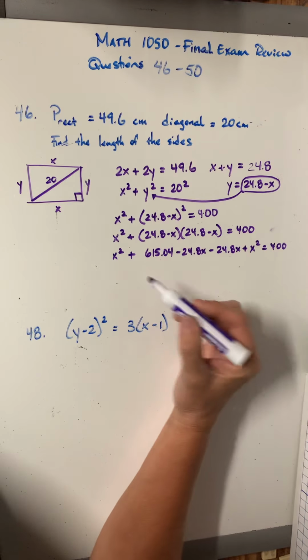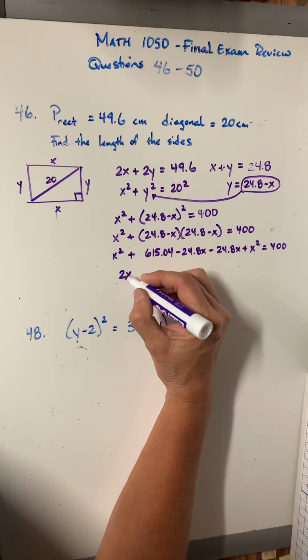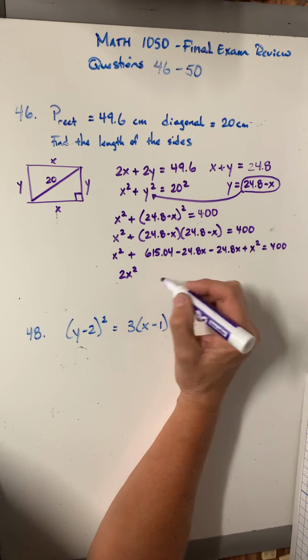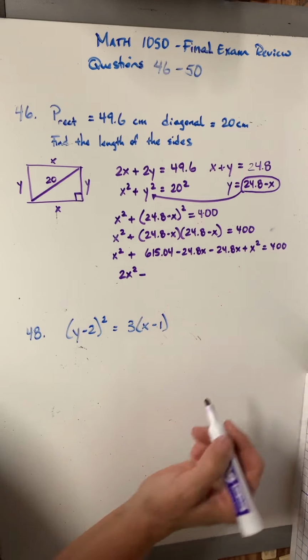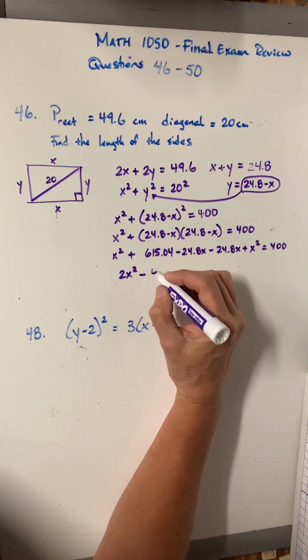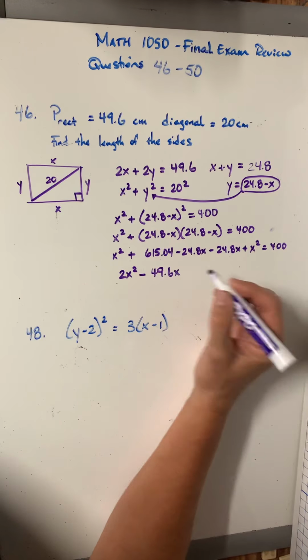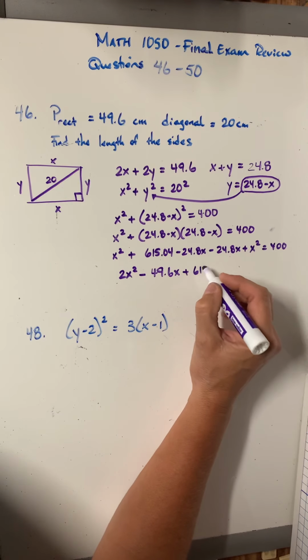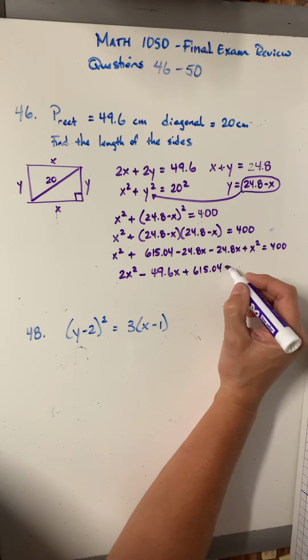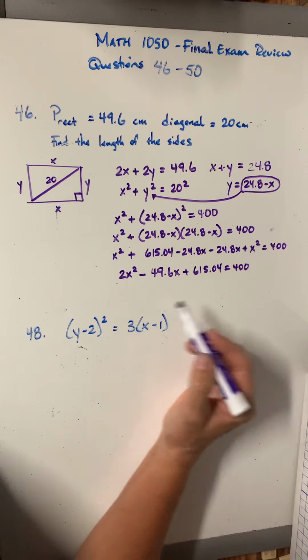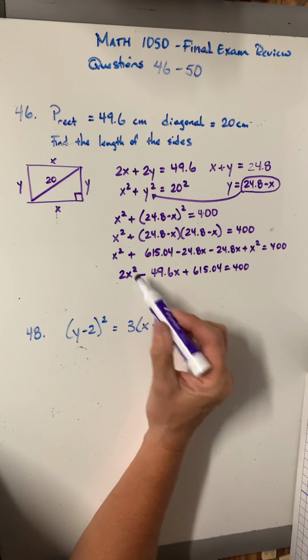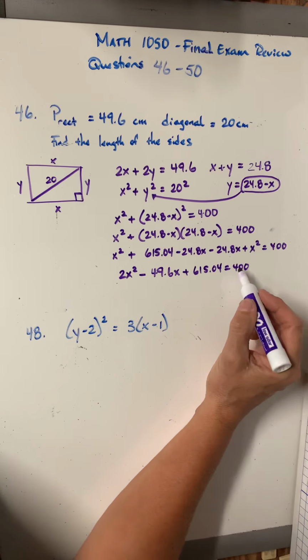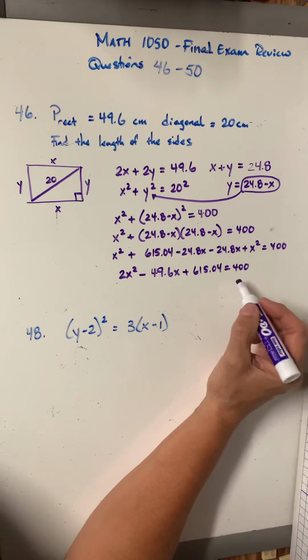So I can combine the x squareds to get 2x squared. I can combine these two to get minus 49.6x, and then plus 615.04 equals 400. Now that I see I have a quadratic, because the highest power is 2, I need to set this to 0 so that I can use my quadratic formula.